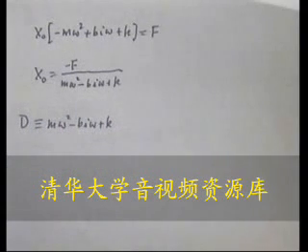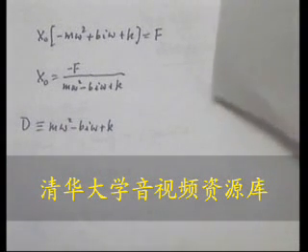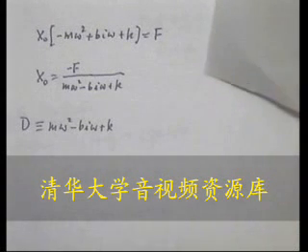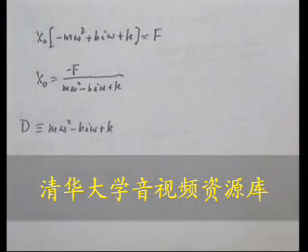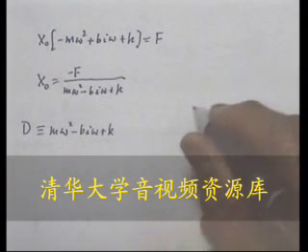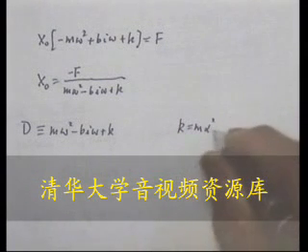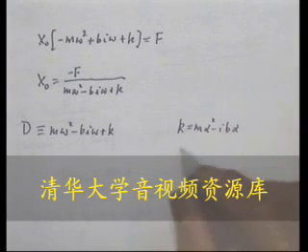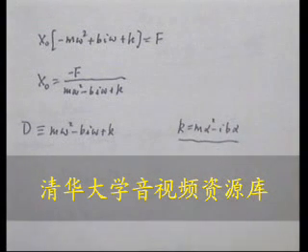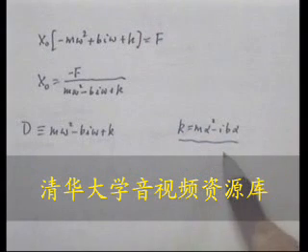And let us now go back to k. Now we had the equation before, namely k is equal to m alpha squared minus i b alpha. Previously we had an equation for k. k is equal to m alpha squared minus i b alpha.